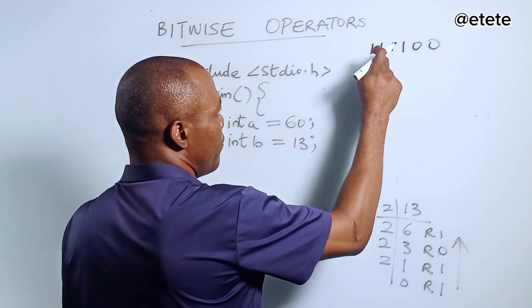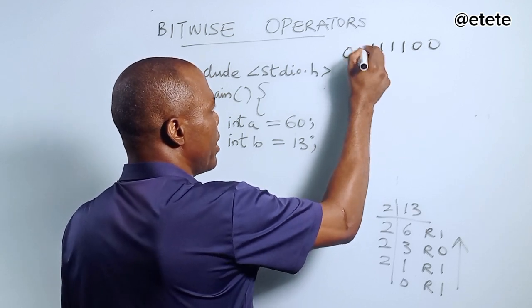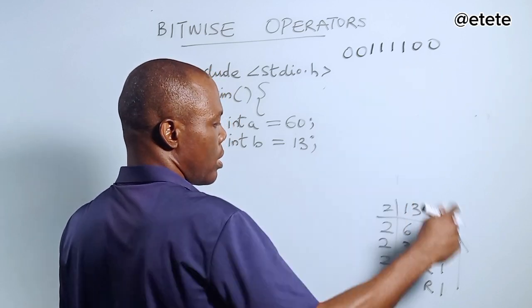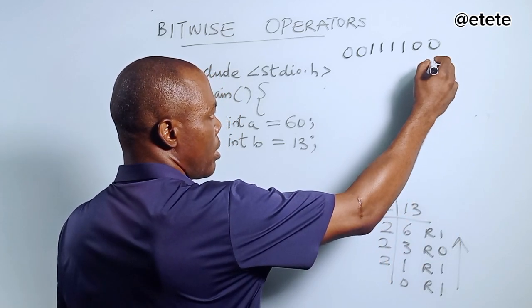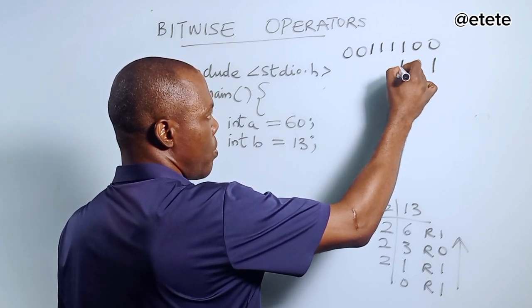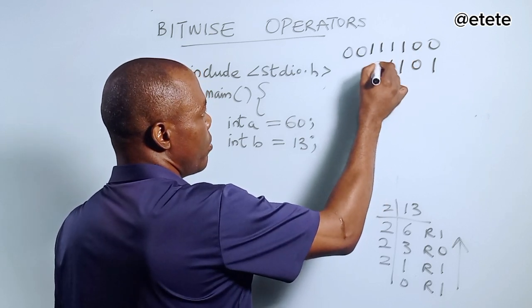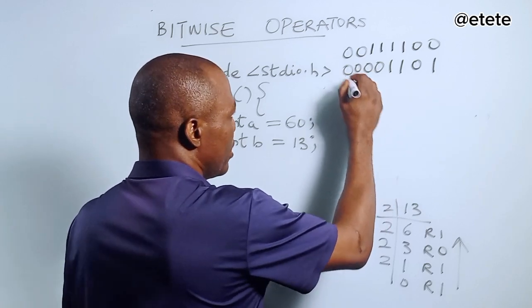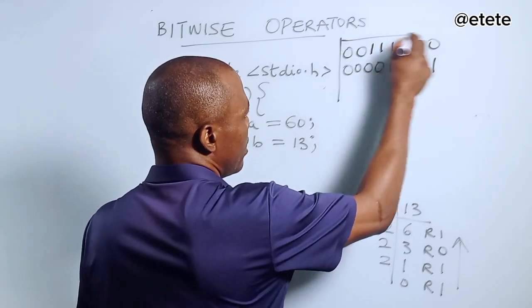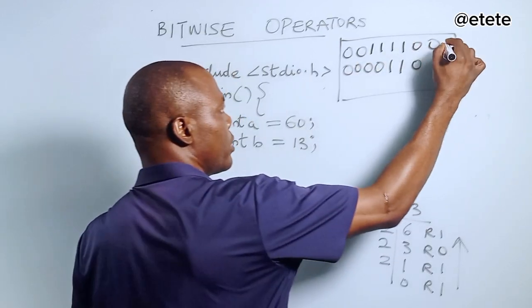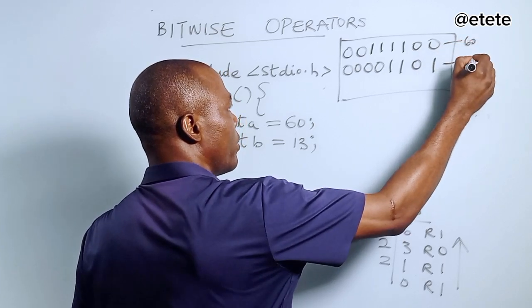I will add a 0 here and another 0 here. Then this one will give us 1, 1, 0, 1, so I'll add 4 zeros. This one is for 60, while this one is for 13.